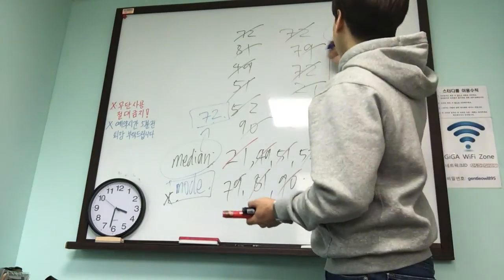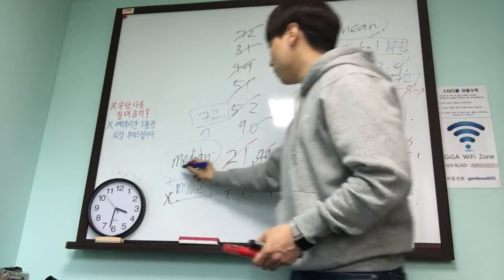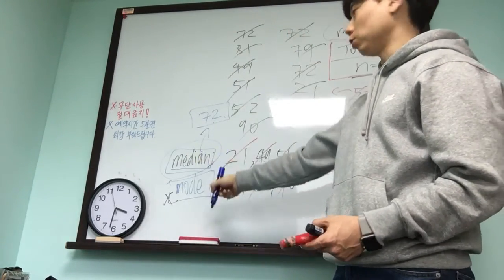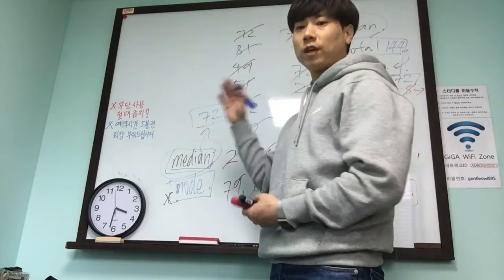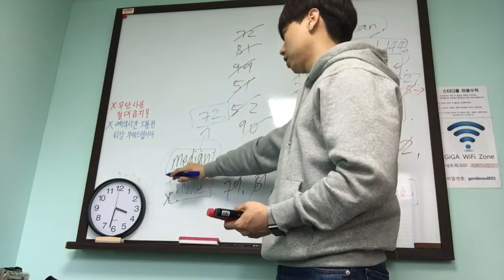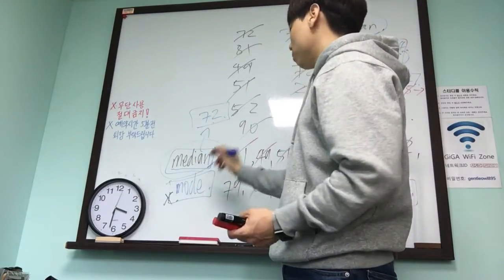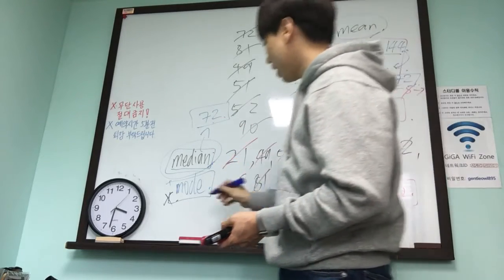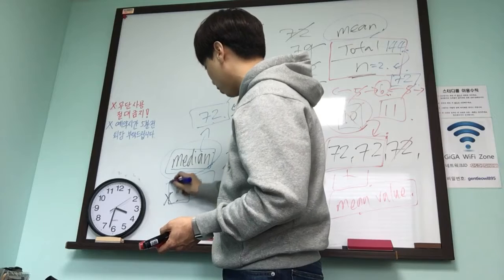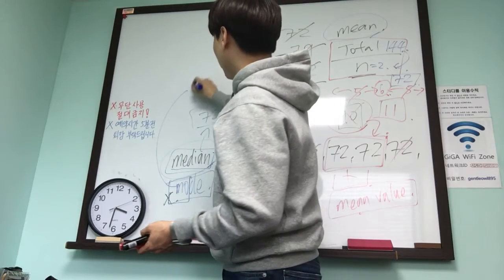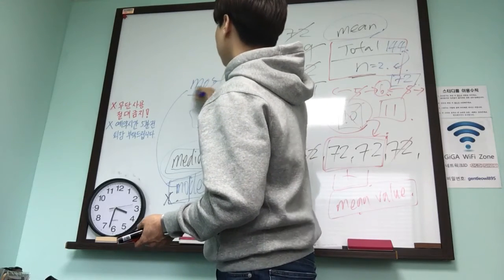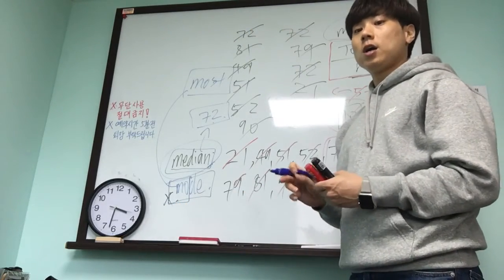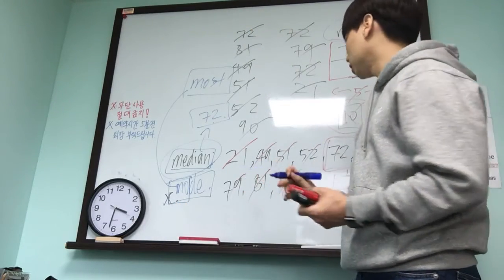Mean, mode, median: median has the word medium inside, middle. I never forgot this was the middle number, but mode and mean were kind of confusing. The way I did it was I remembered the letters M-O, and I tried to remember the word most. So mode just means the most occurring number in a set.